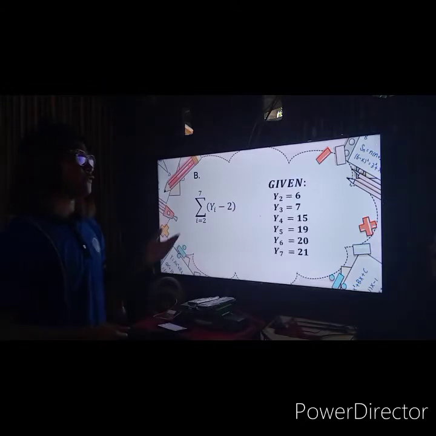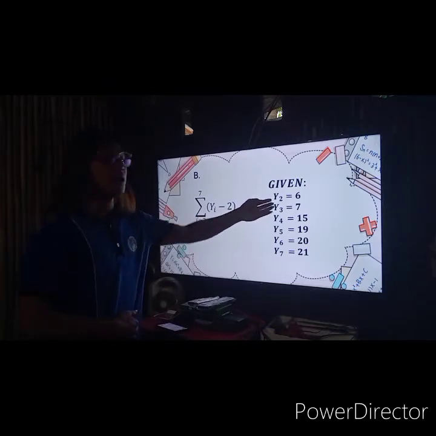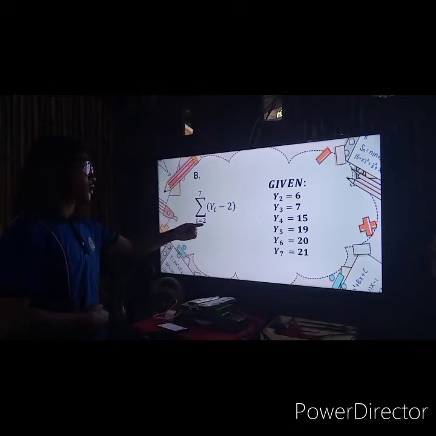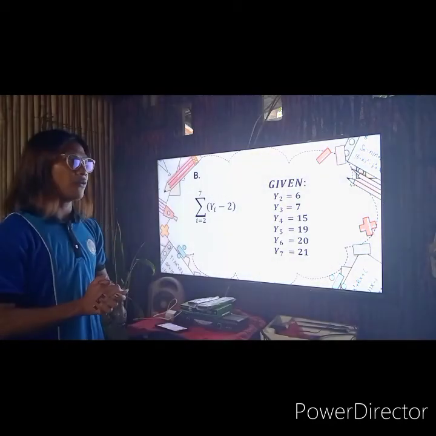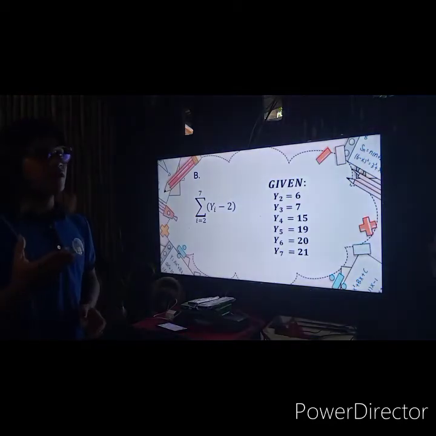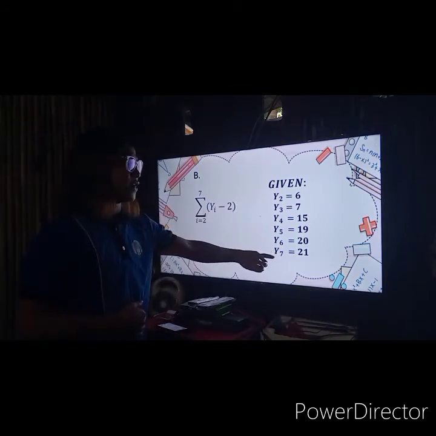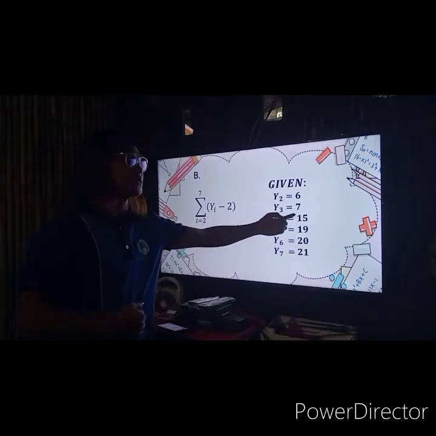Our givens for this formula are y sub 2, but wait, because our range is from 2 to 7, of course, the y sub 1 will be excluded from our givens. So let's focus on y sub 2 until y sub 7. y sub 2 is equivalent to 6, while our y sub 3 is equivalent to 7.